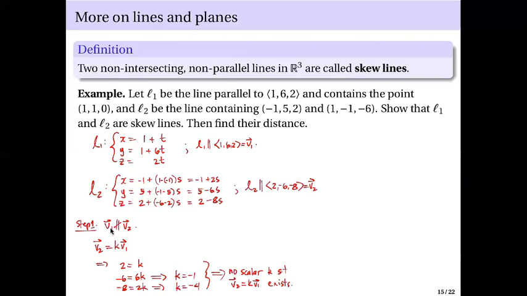So V1 and V2 are not parallel, which means the two lines are not parallel.